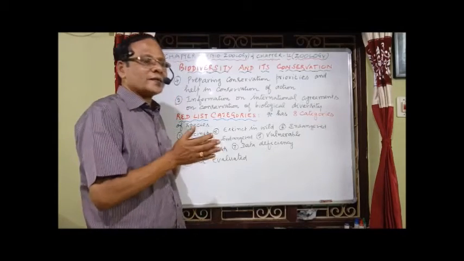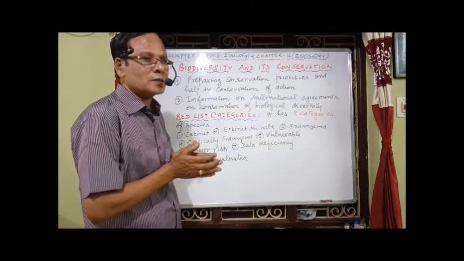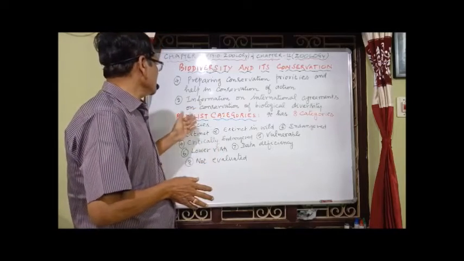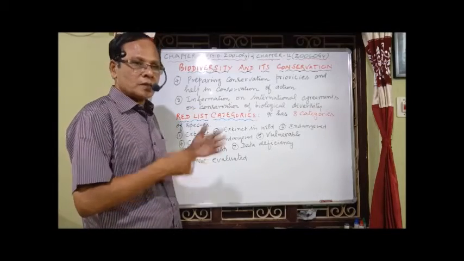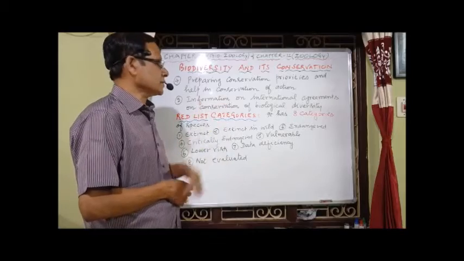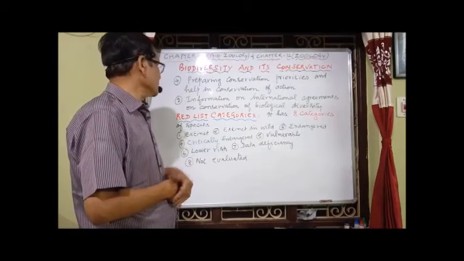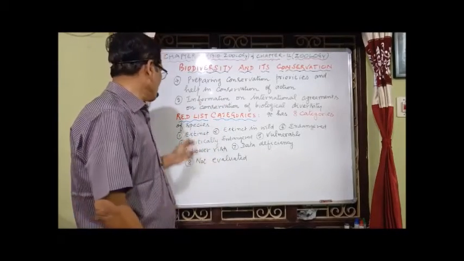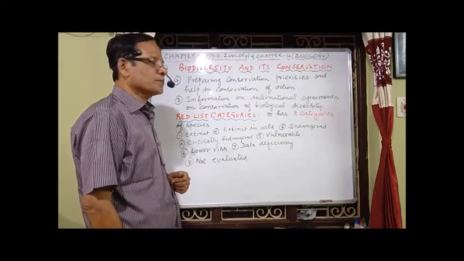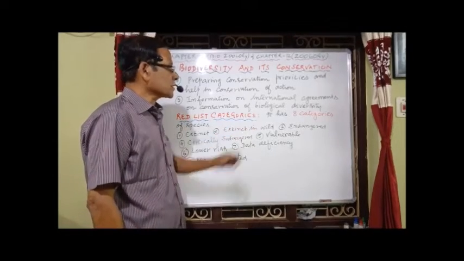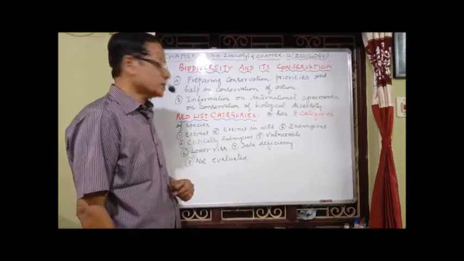Now, what are the categories of species in the Red Data Book? In that book, there are 8 categories of species facing extinction. 1. Extinct species. The second, extinct in the wild. Endangered species.